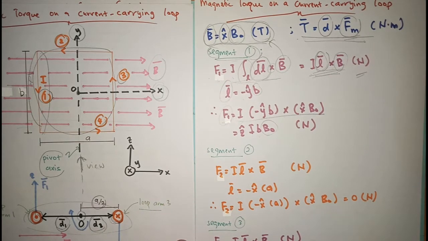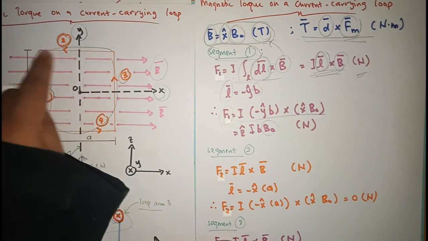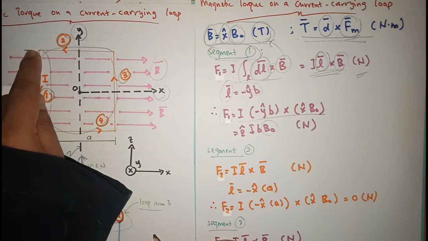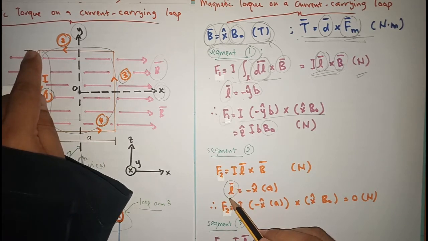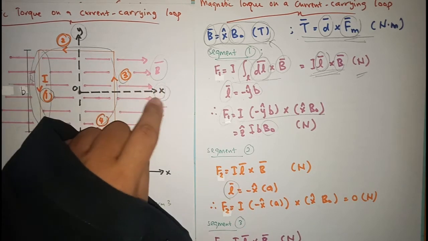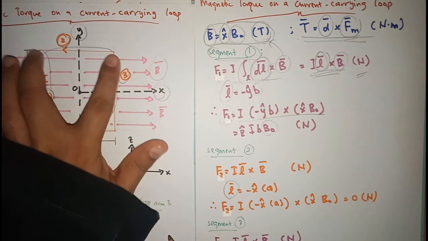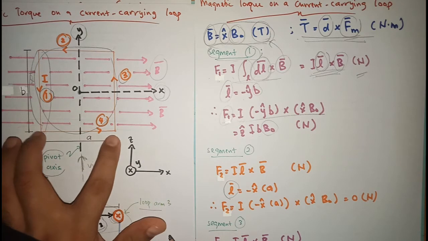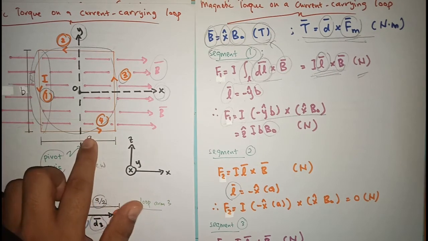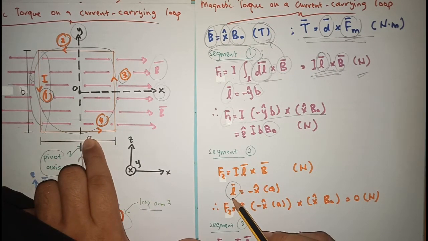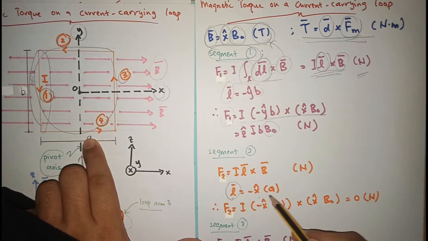Alright, on the second segment, our vector L is in the negative x cap direction, and the amplitude of it is equal to the width of this loop, which is a. So the vector L is equal to minus x cap multiplied by a.